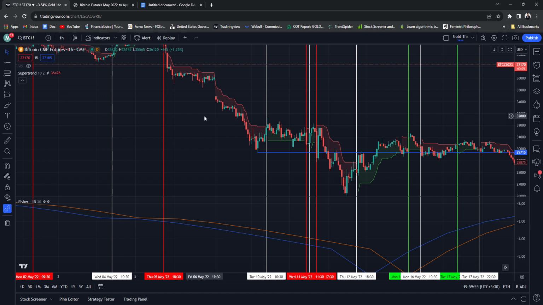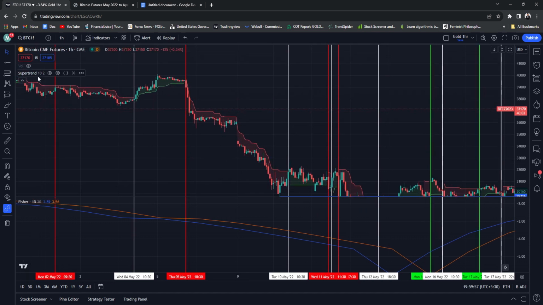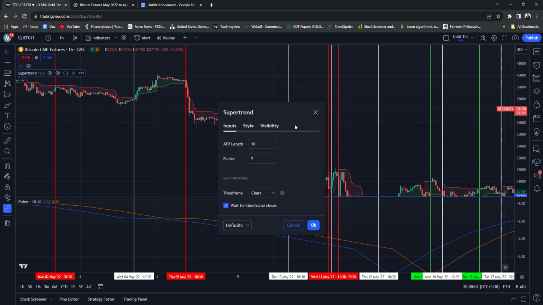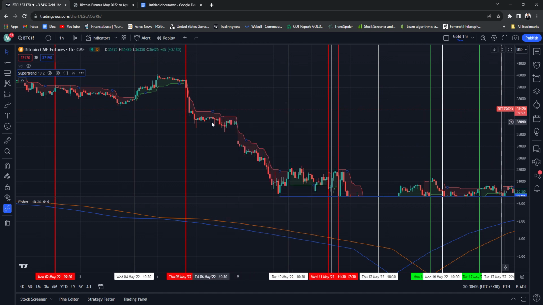So ATR is, as I said, the last 10 bars. So at this period, the ATR is based on the last 10 bars, which is here.